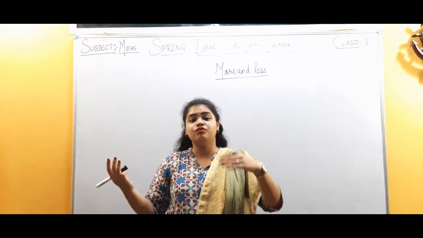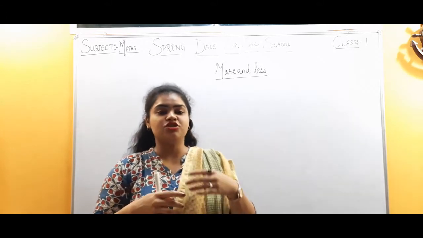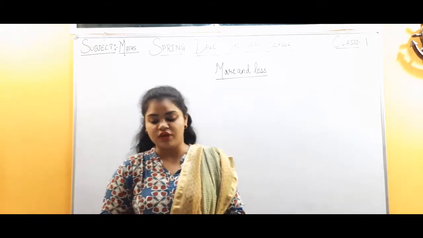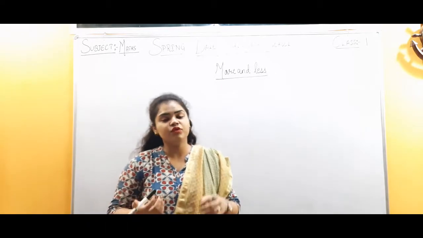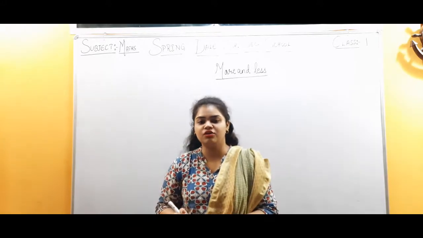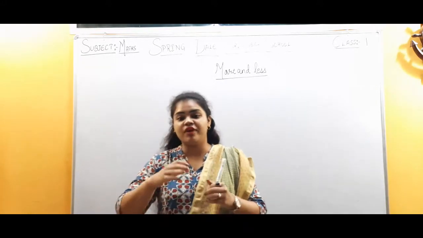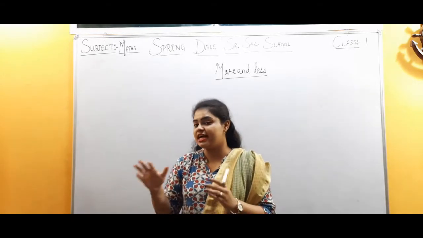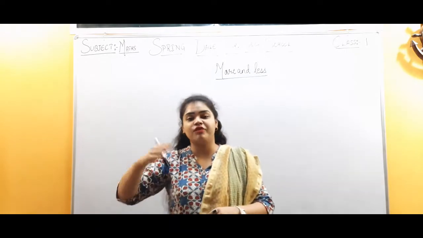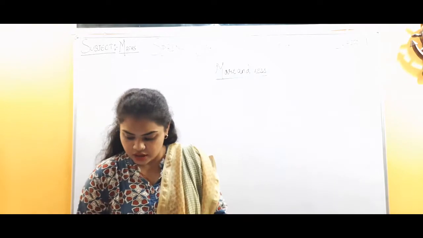You are having 4 chocolates, so 4 is the greater number and you have more than your friend, that is more. What is less? If your mother is giving you 10 chocolates and your friend 5 chocolates, which one is less? Your friend is having 5 chocolates and that is the number which is less than 10. So your friend is having fewer chocolates than you.